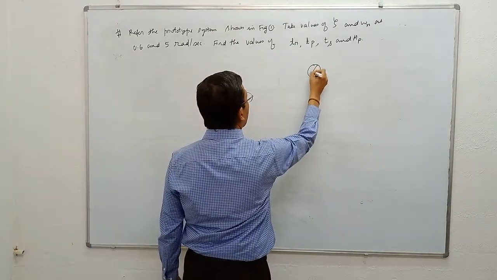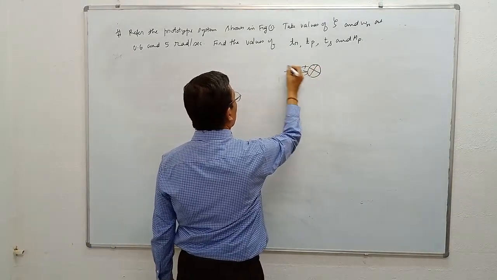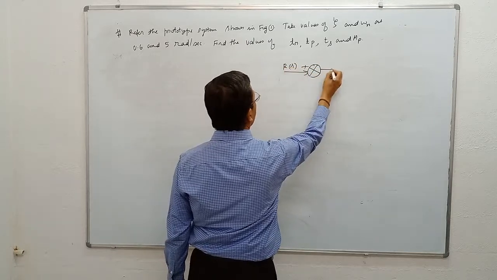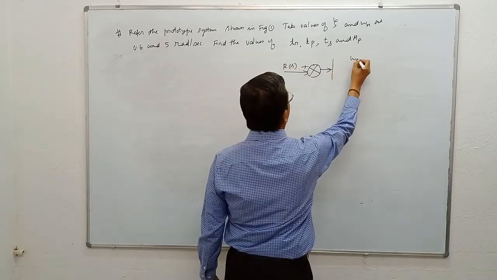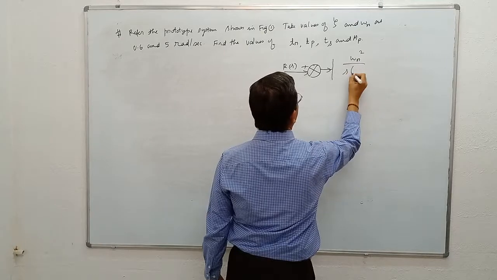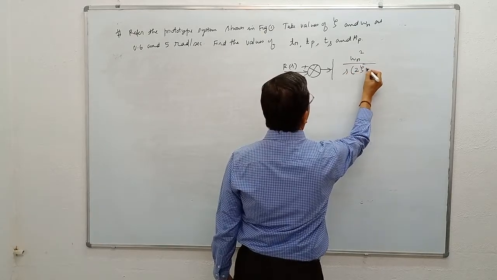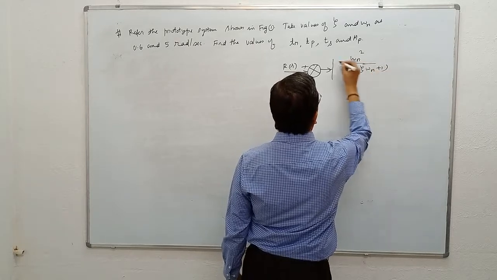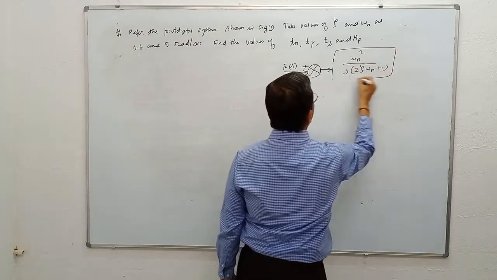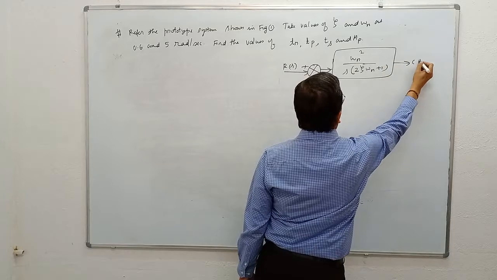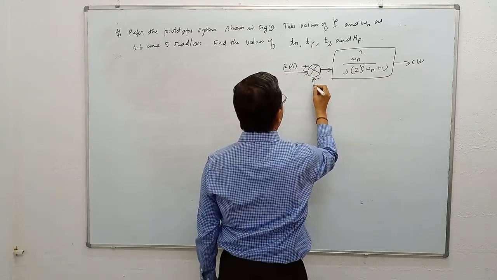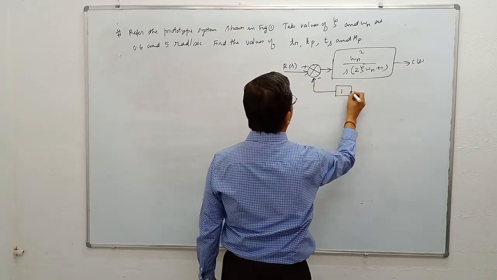This is the block diagram of the prototype system. Omega n square divided by s into s plus 2 times zeta into omega n, with H of s equal to 1.